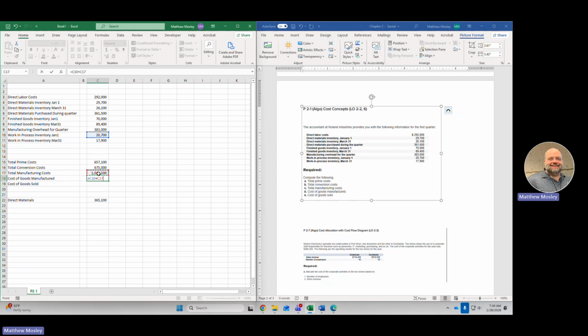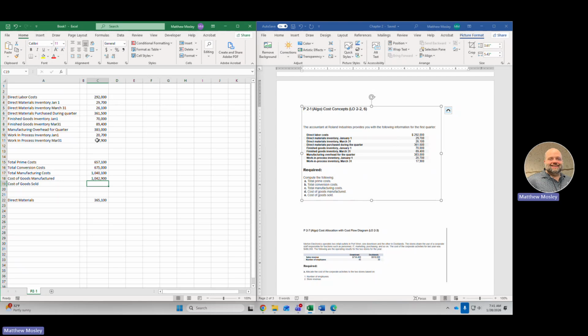Then we're going to subtract out our ending work in process. Why? Because it's not done, so it's not part of the cost of goods manufactured. And we end up getting that, right? It's just a little bump higher, not too much, but there we are.